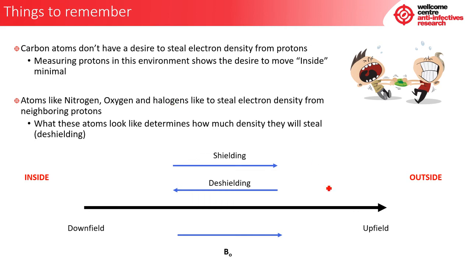So like we discussed in the previous slide, if you are stealing something or de-shielding it, you are moving in this direction of the spectra, to more of the downfield region. The opposite is true if you are not stealing anything, for instance like this carbon species, so you are staying within the upfield region of the spectra.